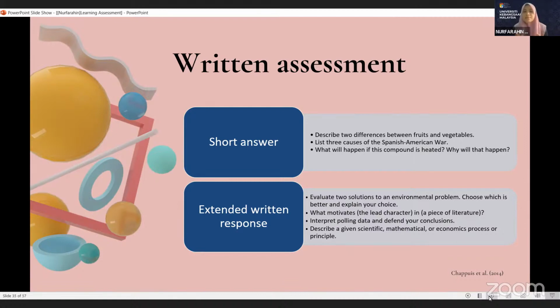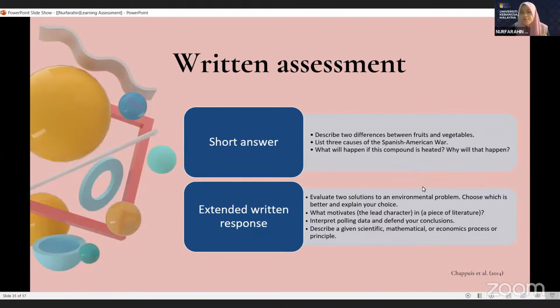A standard written response is more of an essay. It is a little bit more elaborative in comparison to short answer. You can use the word explain, you can use the word interpret.